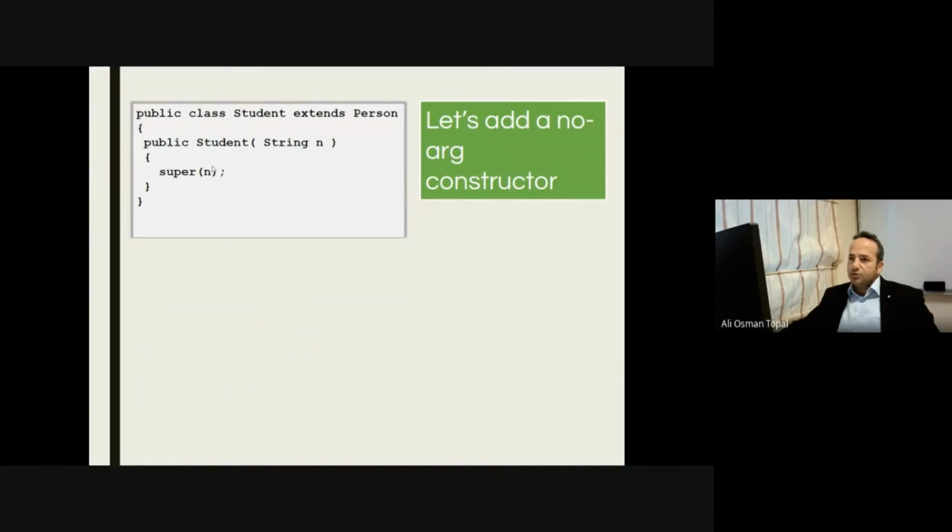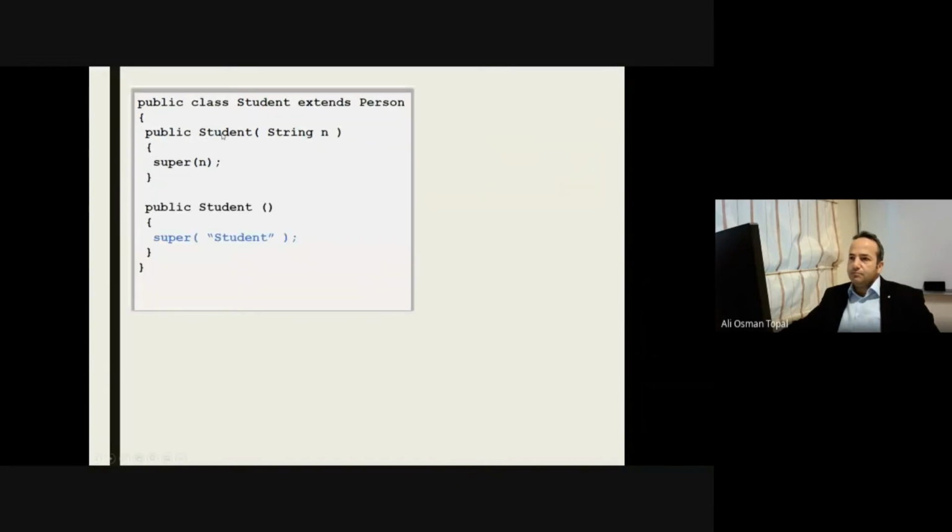Let's add a no-argument constructor. This is another way. You enter the string directly here. Remember, I said this.name is equal to n. You don't need to do that. You just put super("student"). Is it going to work? This constructor doesn't have an argument, be careful, but it extends Person.